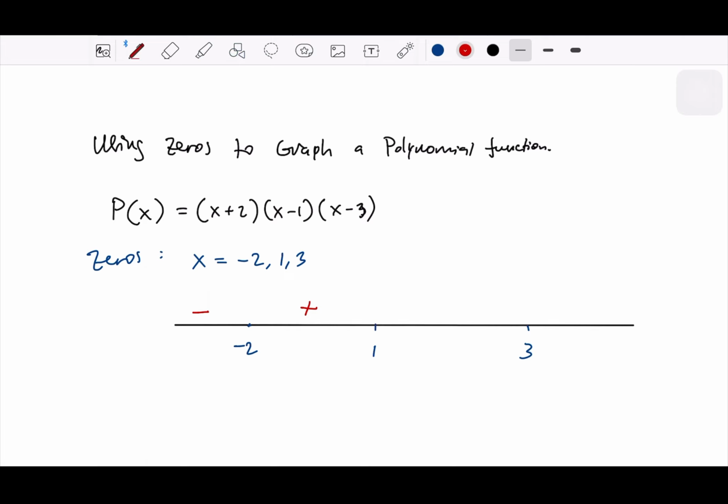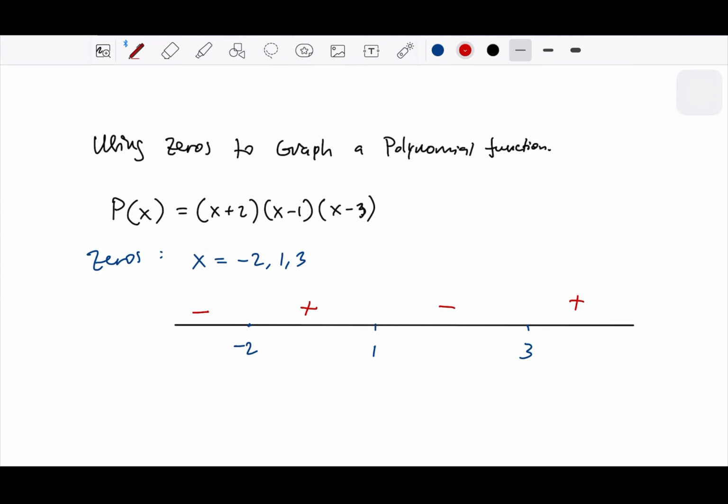And then between 1 and 3, maybe we could take 2. 2 is positive, positive, negative, so it's negative, right? And then greater than 3, we could take 4. 4 is positive, positive, positive, so it's positive.